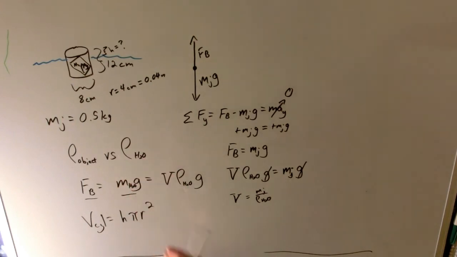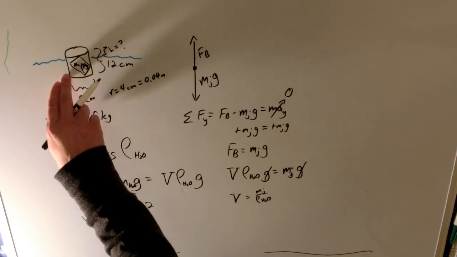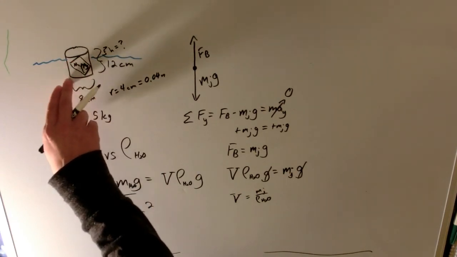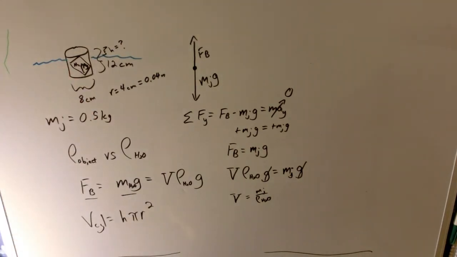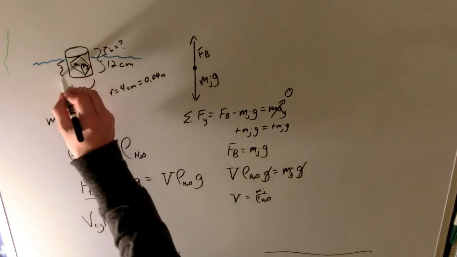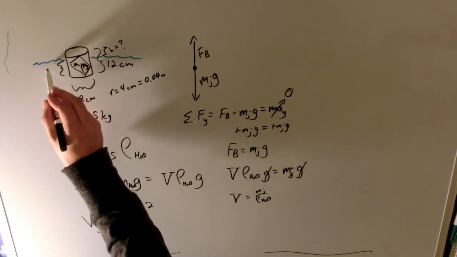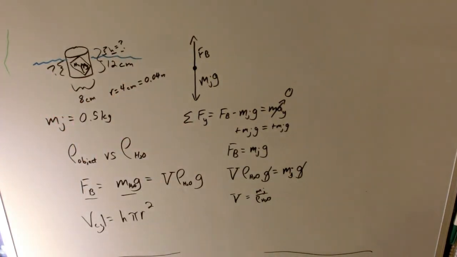But we're finding the volume of the water displaced, so the cylinder is only going to be as tall as from the bottom of our message here to the water level. Well, actually, if we can find that, that's this here. If we can find this, then we can find what we're actually looking for, our height above the waves.